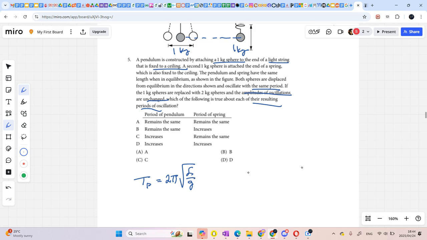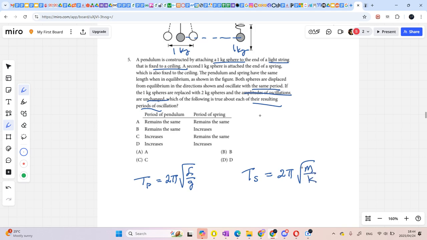For a spring with a mass attached in any orientation, the orientation doesn't matter. If you derive it with the differential equation or Newton's laws, you'll see that the period of a mass on a spring is 2 pi root m over k.